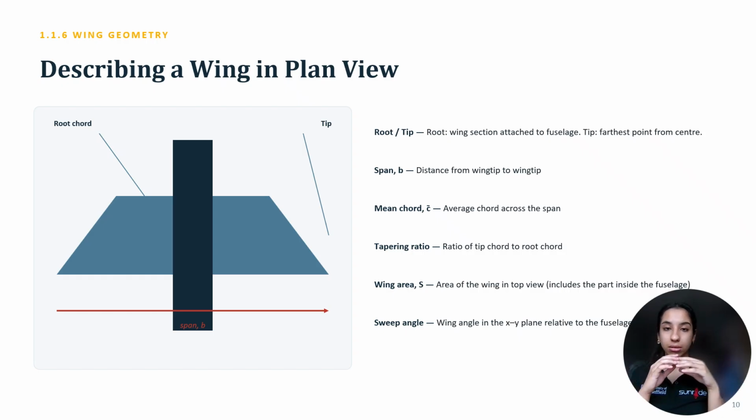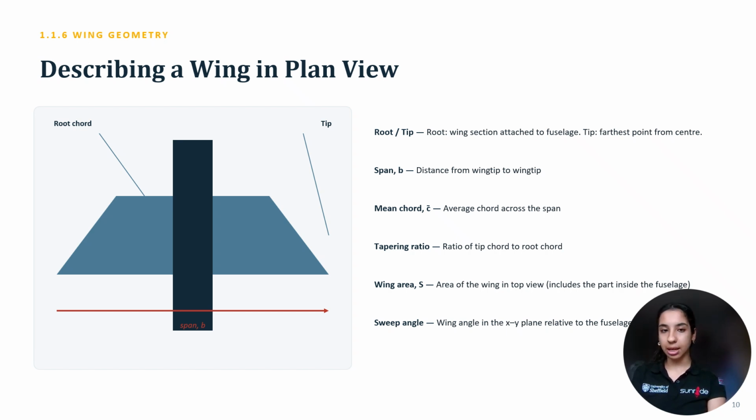Now the span. You have to remember it has a letter, because it's used in so many formulas. Span is the distance from one wingtip to the other. You can see it in the red line there. Then mean chord is the average chord across the span.